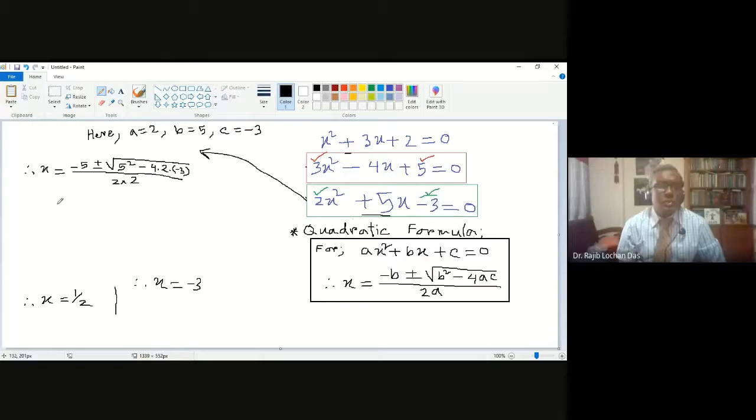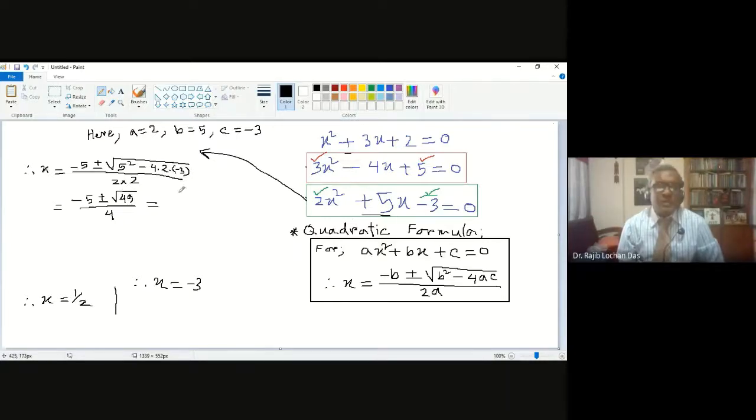So 2 into 2. Now you calculate. Minus 5 plus minus root over 25 minus minus, plus 24. 25 plus 24 is 49, and then 4. So the root is actually 7.